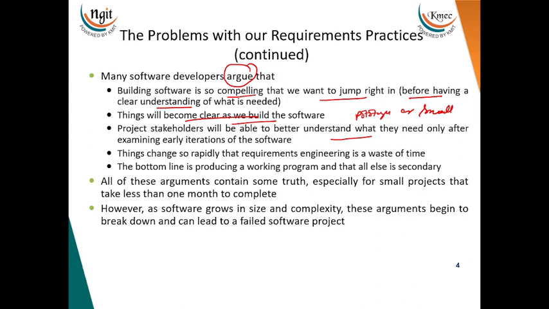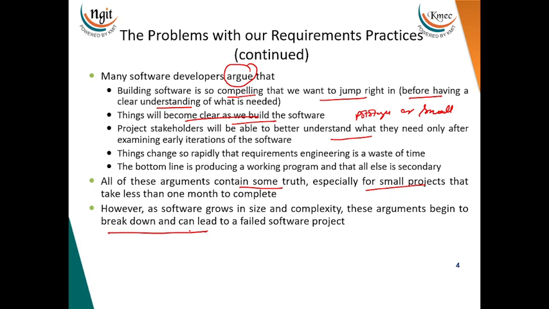And there the problem rises, and they say that requirement engineering is a waste of time, but requirement engineering is the best part, where the project starts. All this argument contains some truth, especially for small projects, but for a big project it is not a waste of time. Its complexity makes the argument break down.